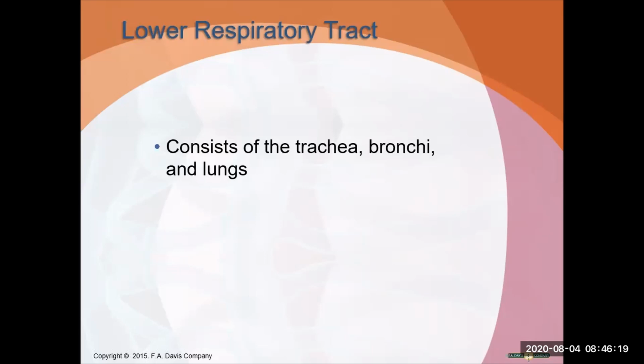And D, they serve no purpose. So the answer is A, tracheal cartilage is C-shaped with the opening in the posterior region, which allows the esophagus to expand during swallowing, but the two structures are not attached to each other, and the primary purpose of the cartilage is not for protection.